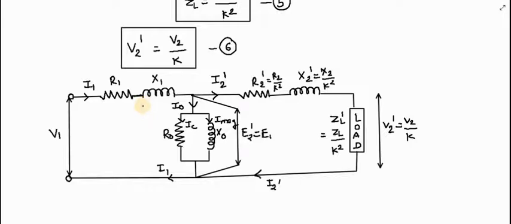So let us draw the approximate equivalent circuit of the transformer referred to the primary side. Let us again draw this circuit by transferring that shunt branch. Then I will draw here the resistance and leakage reactance of the primary winding.